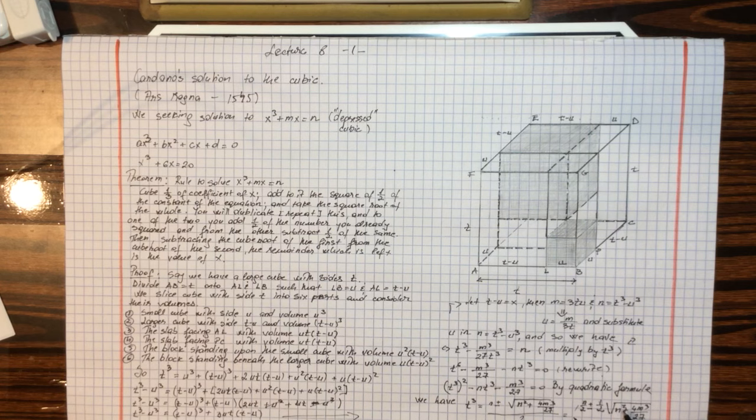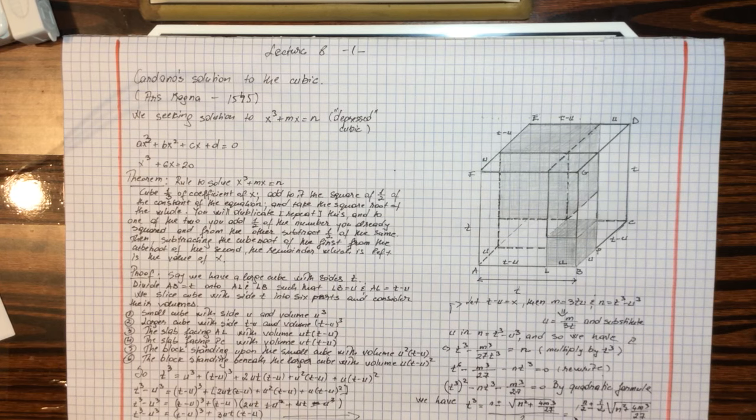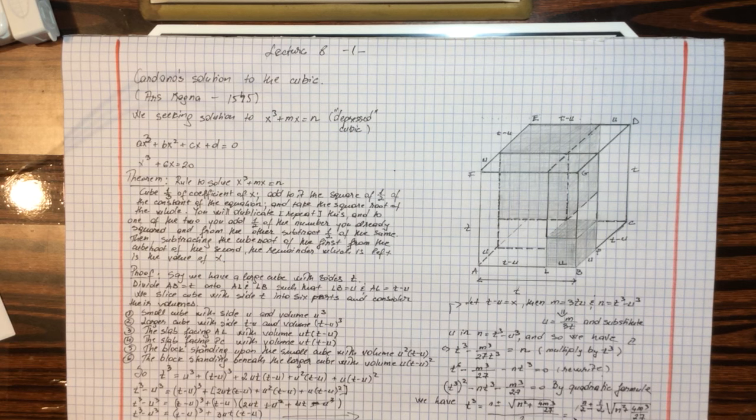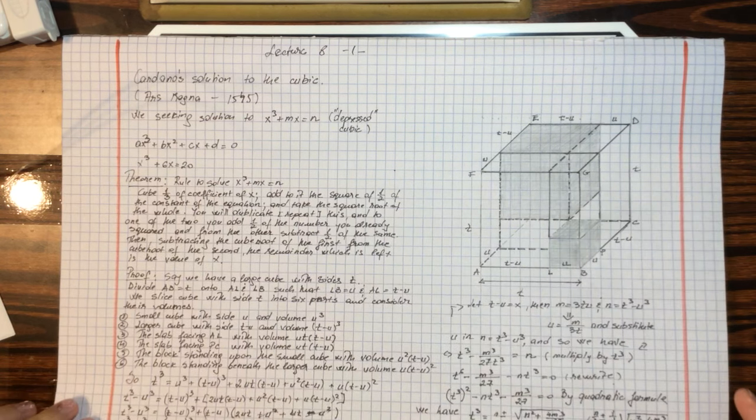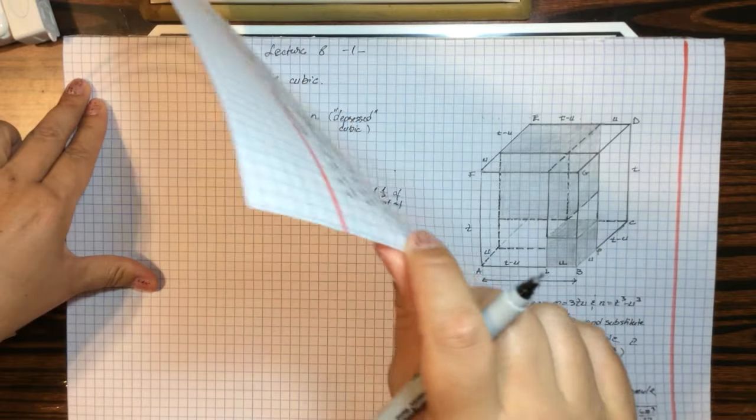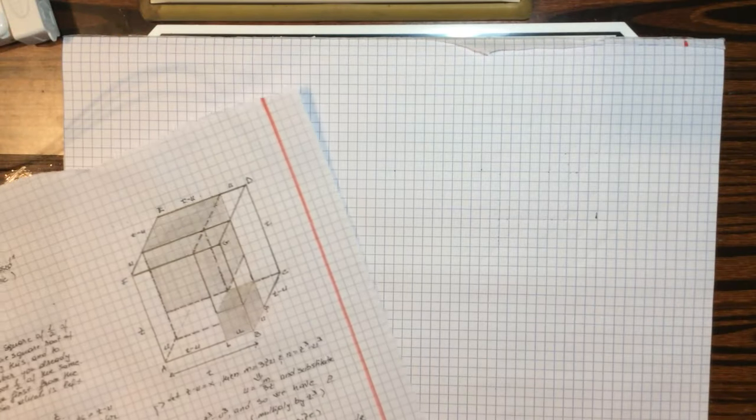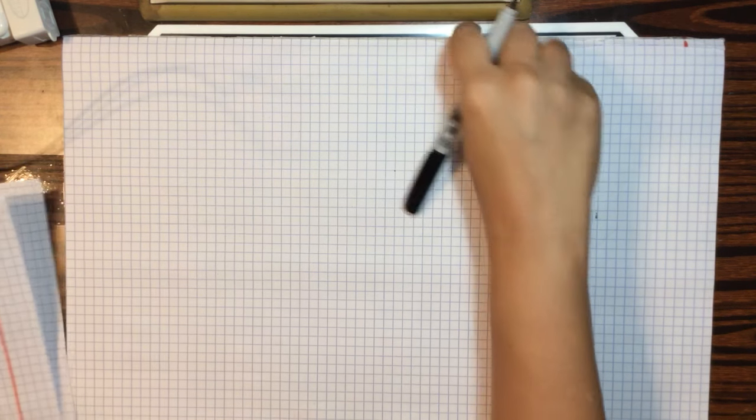I want to write n squared as n squared over 4 and actually get rid of this half here, as it would be the same: n squared over 4 plus m to the 3rd over 27. Okay. Now let me continue on. I will continue in the next page, but I'll make sure that we keep the cube here.